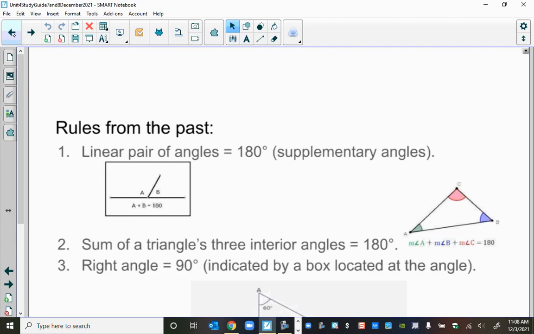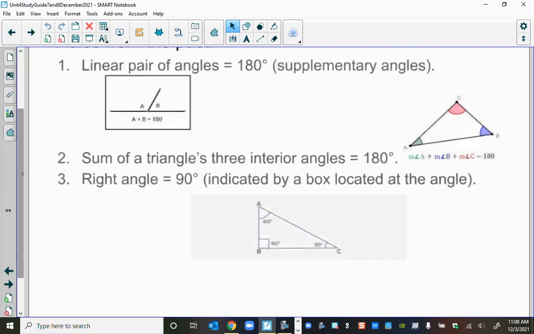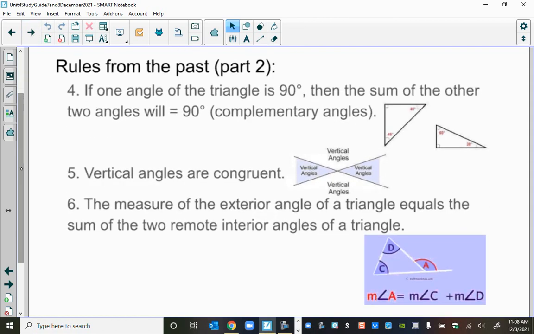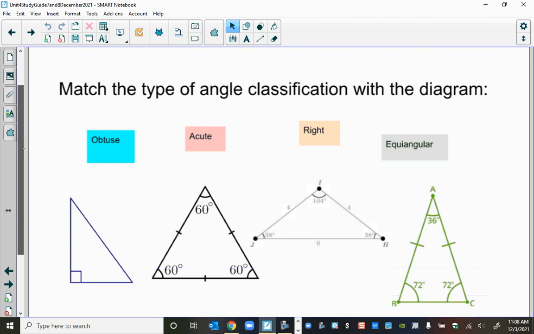Linear pair, sum of your three interior angles, right angle. And then angle measures as well. And then also the relationship: two angles, add them up, and it'd be the same as the exterior of the third angle. And I'm just going to do a quick rundown.